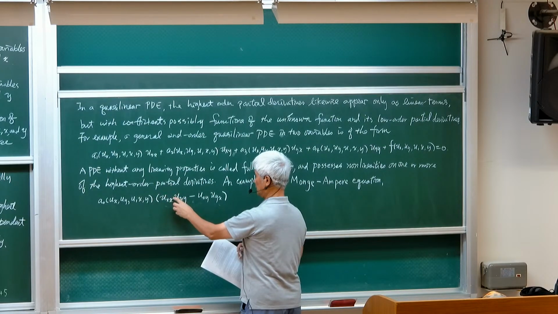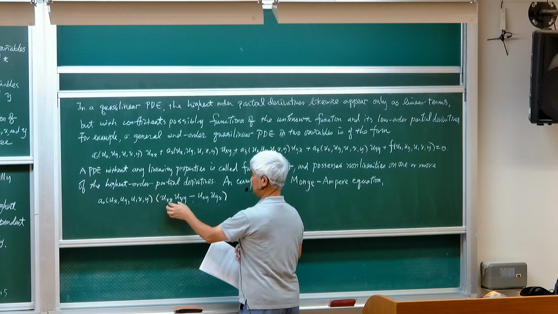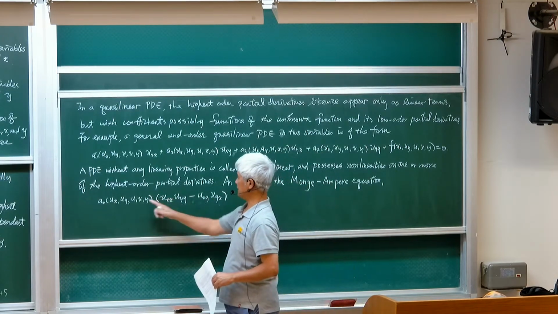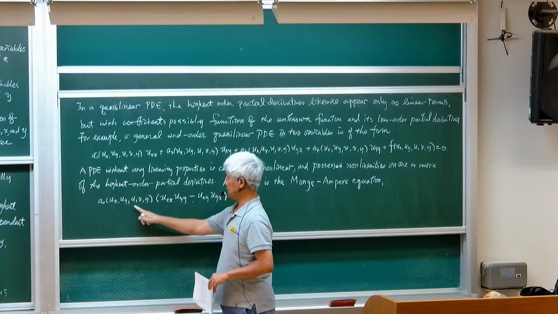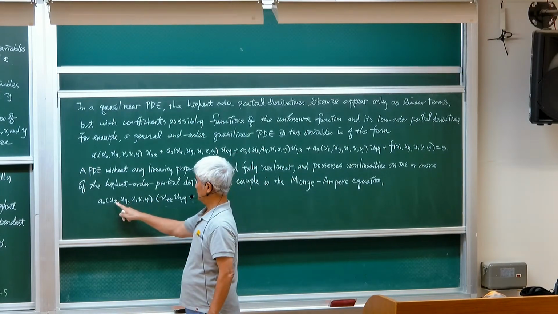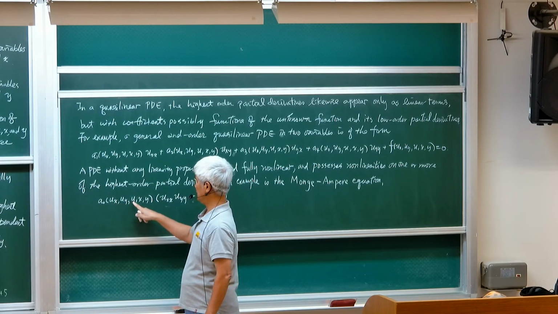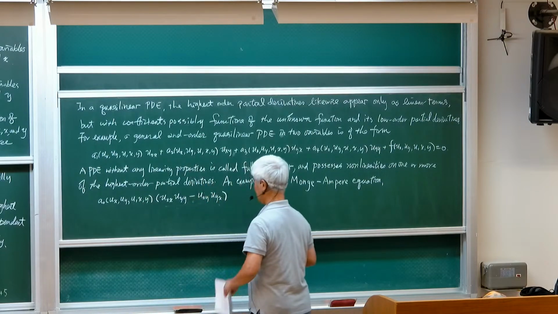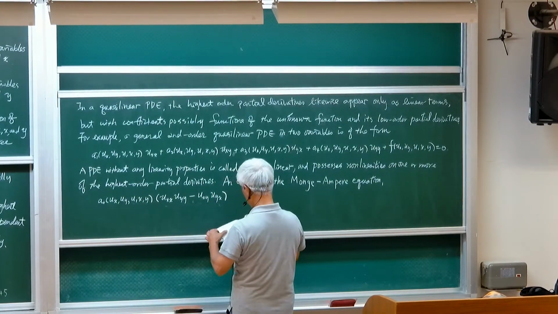This is the product of two partial derivatives of the second order, and they share the same coefficients, which is a function of the first order partial derivatives, the unknown function, and the two independent variables.